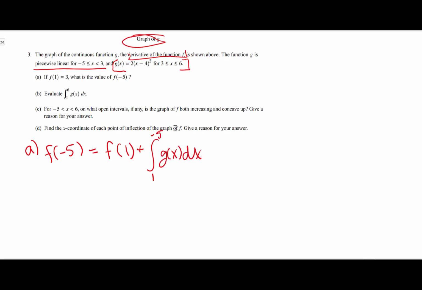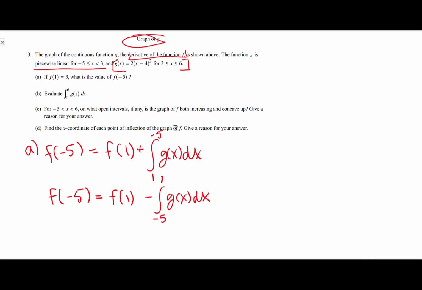Now the first thing that I notice is that the limits are backwards. So I'm going to flip them and make it negative. So I'm actually going to have f of -5 is equal to f of 1 minus the integral from -5 to 1 of g of x dx.